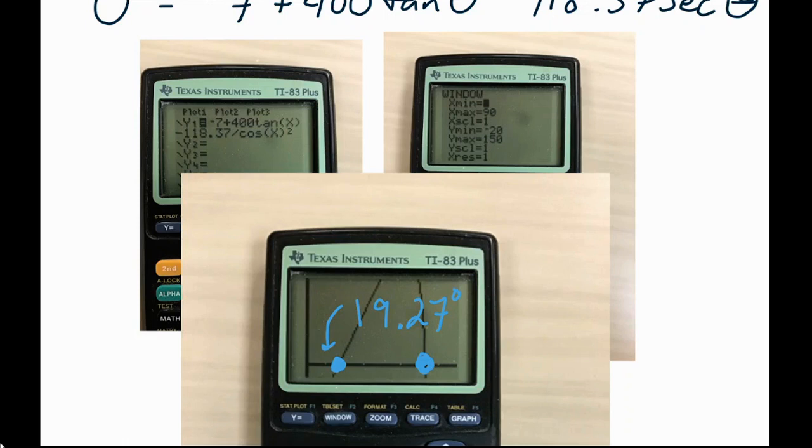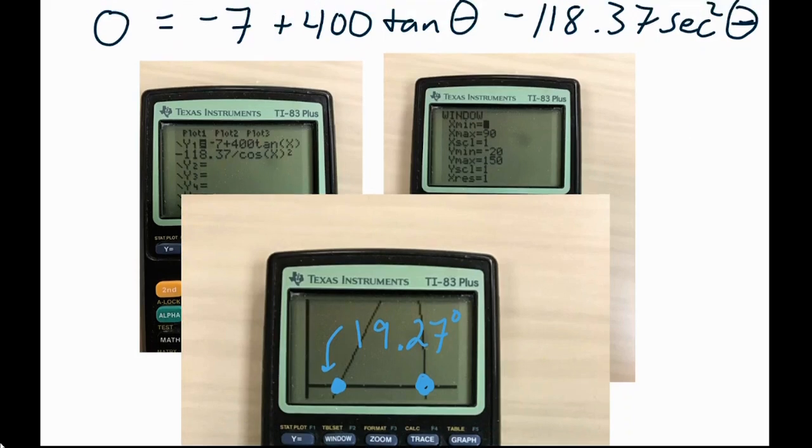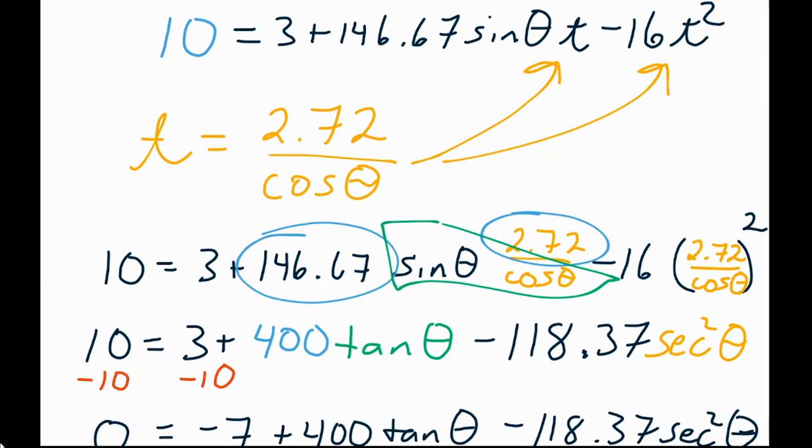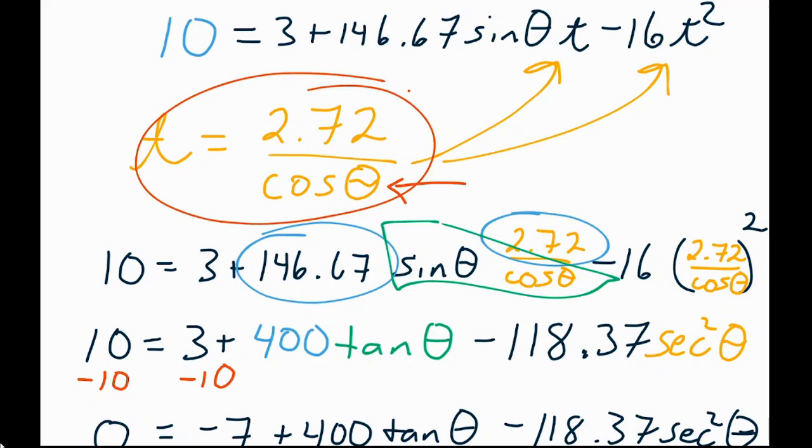Interesting, there's one thing that we don't really know, and that's how much time this would take, but it wouldn't be too hard to find that time, because if you remember, we had an equation that said that time is equal to 2.72 over the cosine of theta. If we really wanted to, we could plug 19 degrees back in here, and we could also find the time that that's going to take.